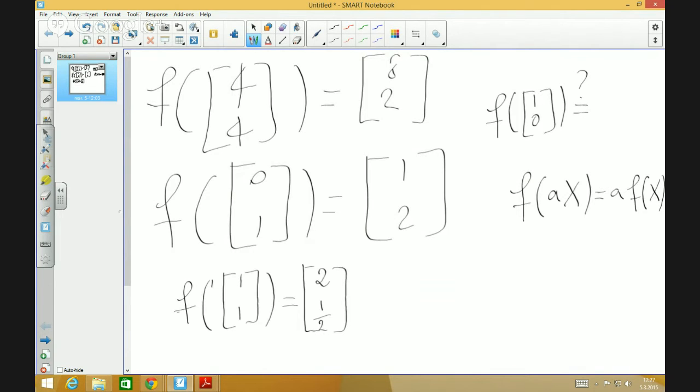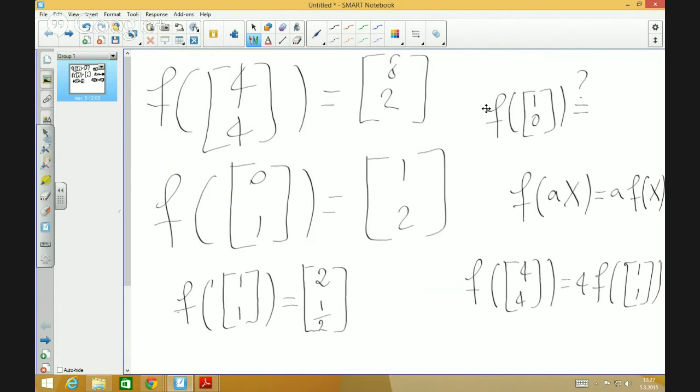The question is why? Because f of (4, 4) is 4 times f of (1, 1), because of the property that we have here: (4, 4) is 4 times (1, 1).